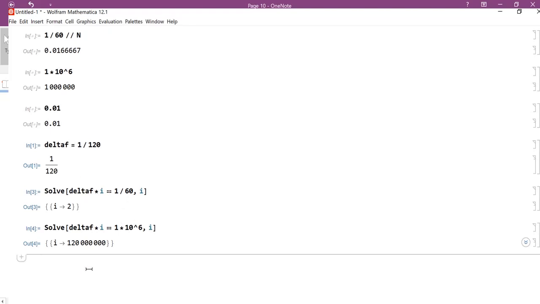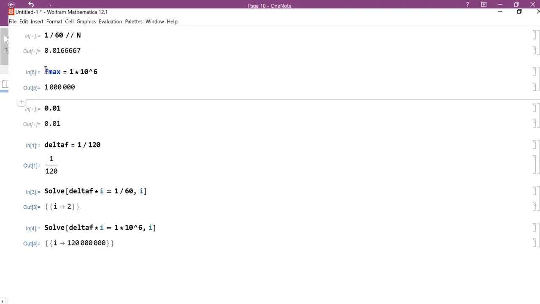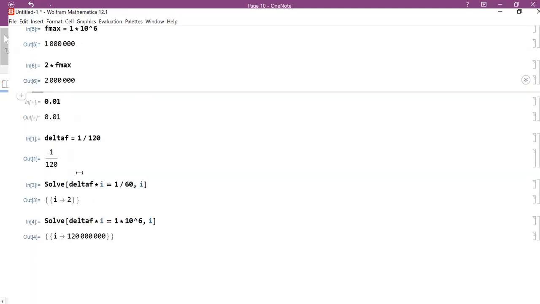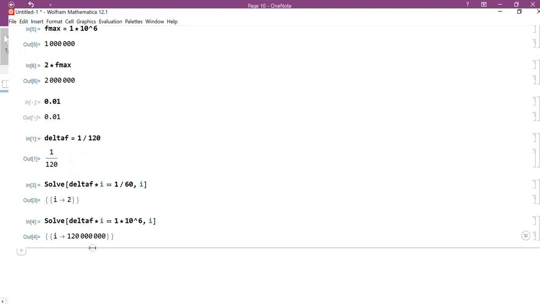Now we have to choose a sampling frequency that won't have aliasing, so it has to be greater than 2 times F max, which is 2 million hertz. All we have to do now is see whether our DAC is capable of giving us these values.